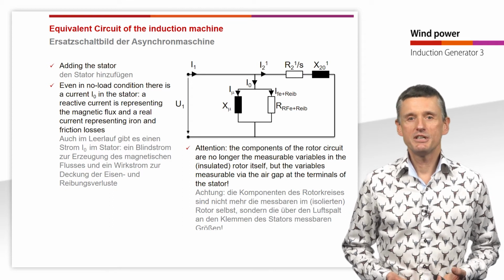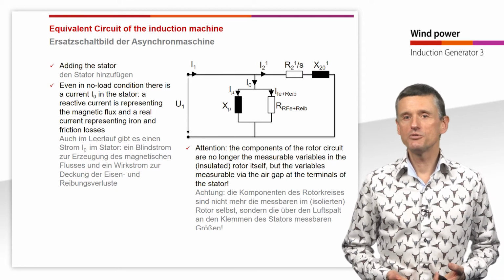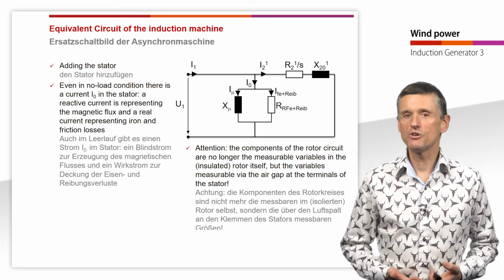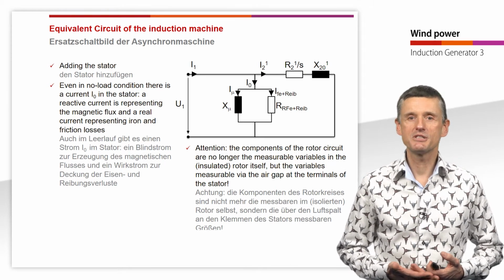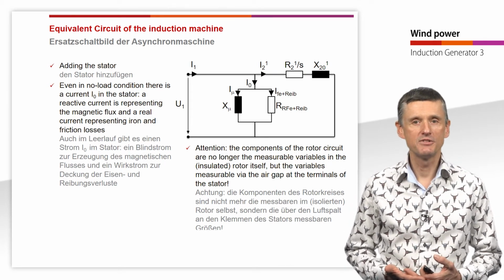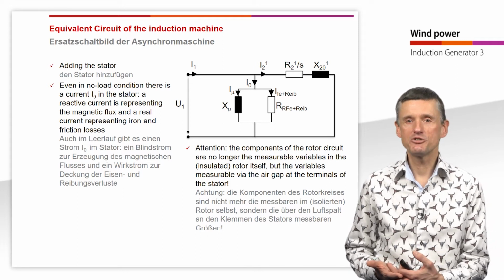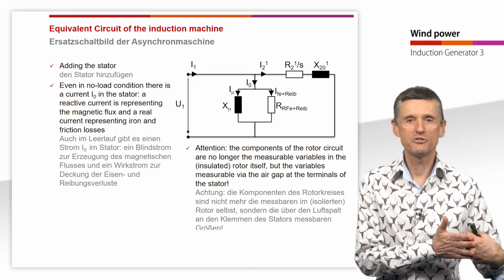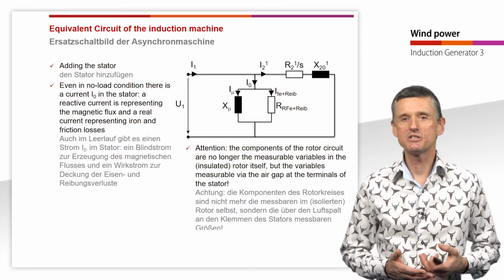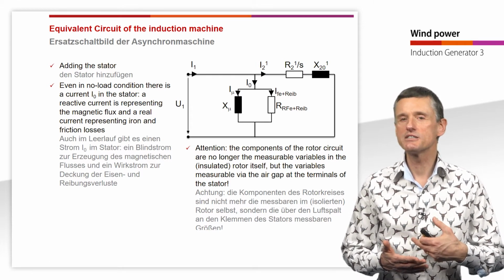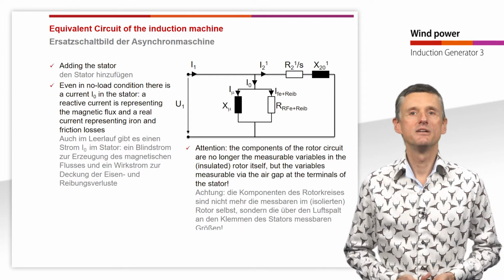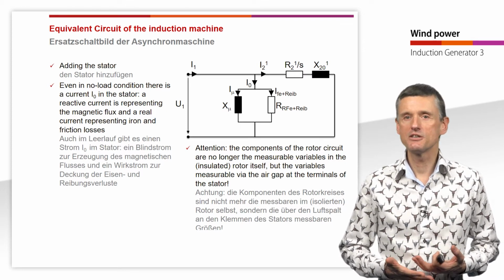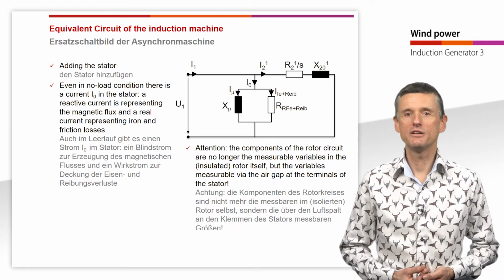What is important here is that the components of the rotor circuit are no longer the measurable variables in the rotor circuit itself, but the variables measurable via the air gap at the terminals of the stator. And that's the reason why now this R2 divided by S has this index 1 on top, and also the X20 has this index 1 on top.